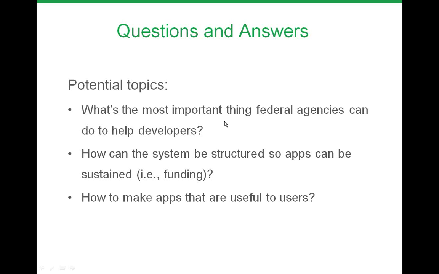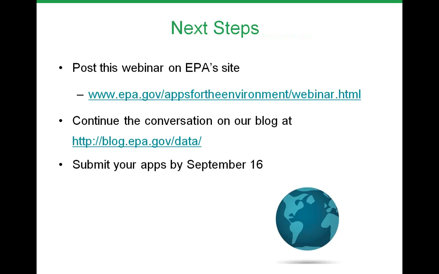Okay. As part of this challenge, having heard from developers that they want to understand what our data are, what the data services are, and so on, we have a website you can start from, epa.gov/developer. There's the blog link where you can see a discussion forum.